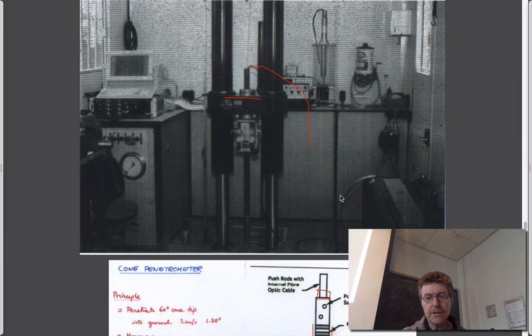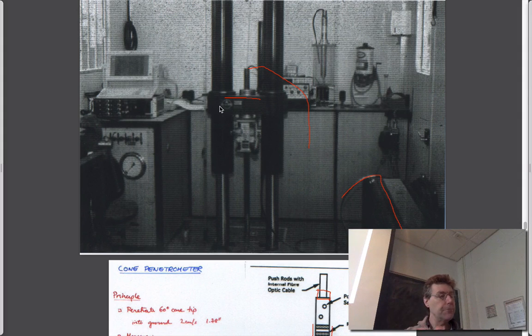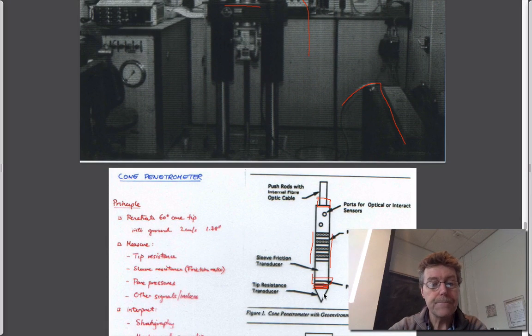And so here you can see on the side, not very well, there's the cable that goes into all of the lengths of the tube, which is pre-threaded. And you just put one on the top, screw it in. This press cycles back up to the top, clamps on, and then physically pushes it down at 2 centimeters a second, constant rate. And it measures those characteristics at the bottom.